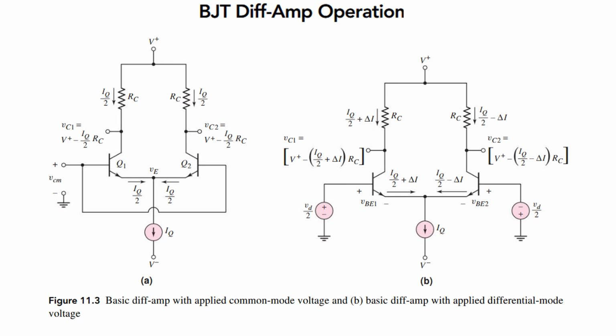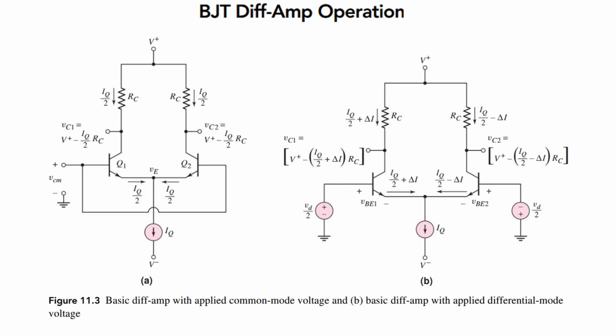Okay, so how will it work? Just check that this is the BJT differential amplifier. If you remember, it contains two BJT transistors whose emitters are connected together, and the collector terminals are connected to VCC, that is V plus, while the emitter is connected to V minus.